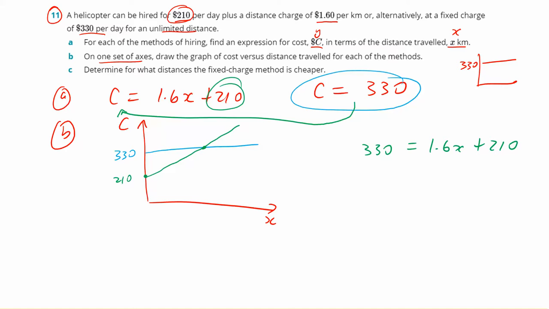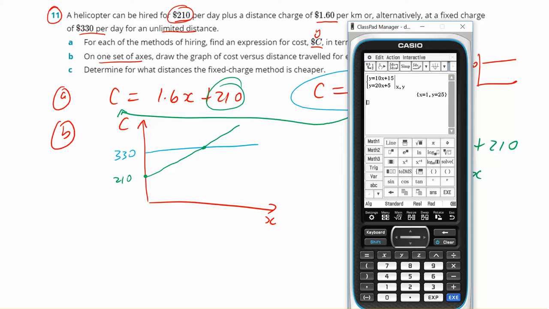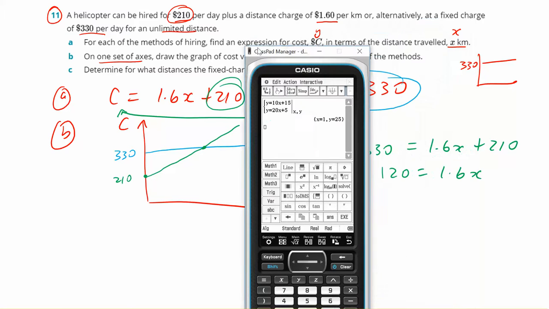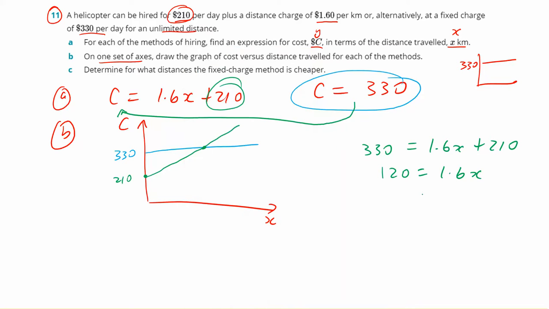If I subtract 210 from it, I get 120 equals 1.6x. I'm going to use a CAS calculator to get our exact value. So 120 divided by 1.6 is 75. So x equals 75.